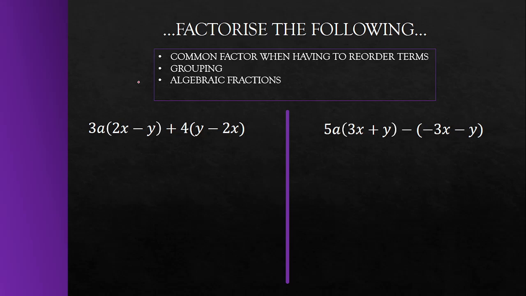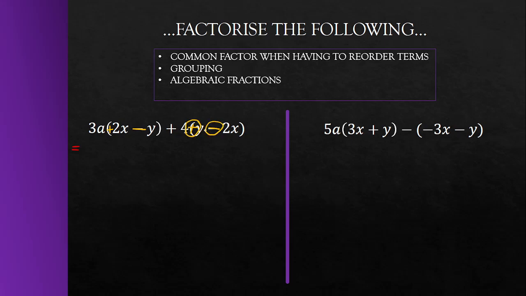Okay, let's look at this first example. Like I said previously, everything is the same except for the signs. So what I mean is I've got a plus 2x here and a minus 2x, a minus y, and a plus y. So how do I get these signs to change?